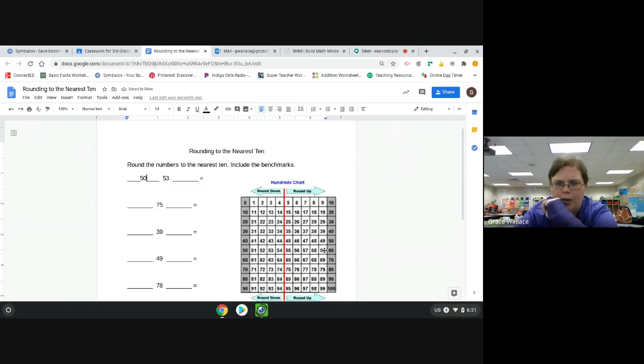I go all the way to that blue, and it's 60. And then I have to see which one it's closest to. Well, it's closest to 50. So I would put the number it rounds to after the equal sign.